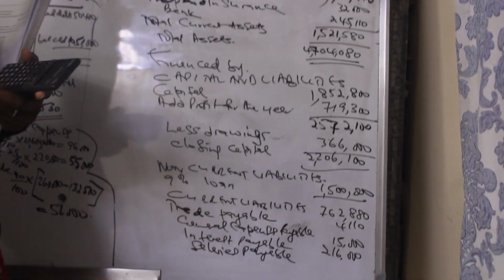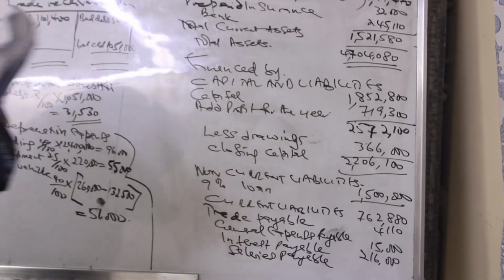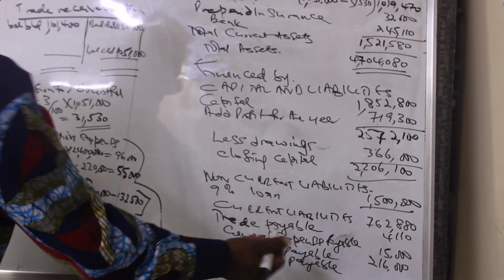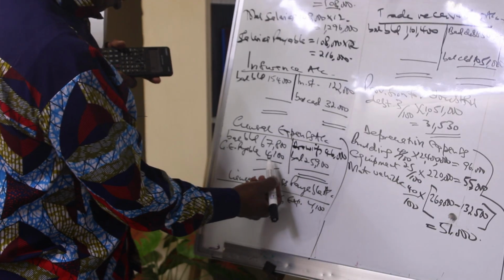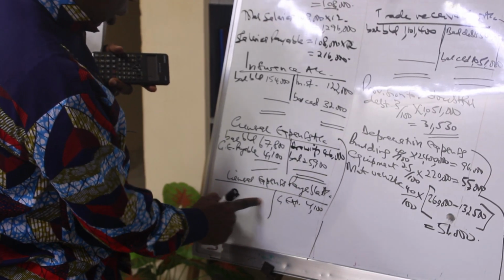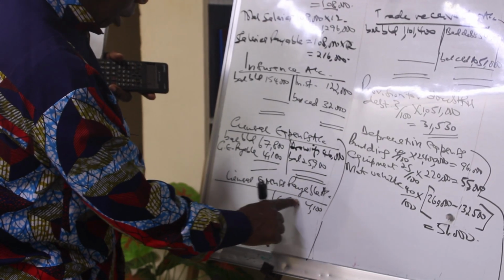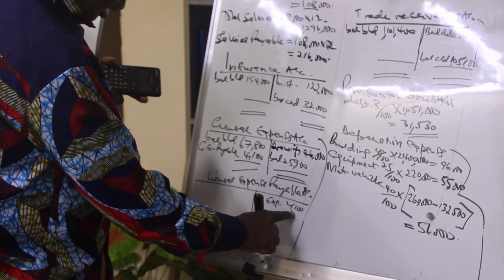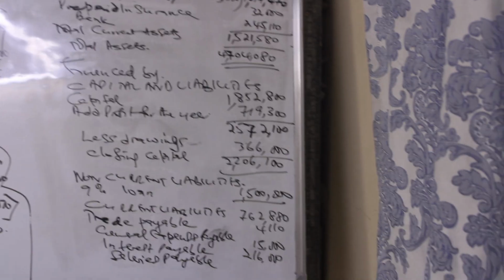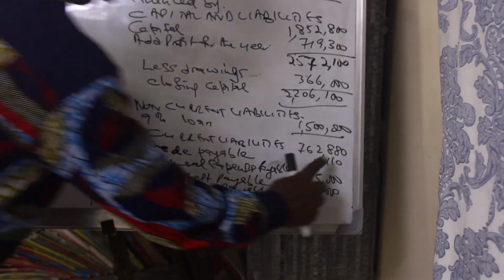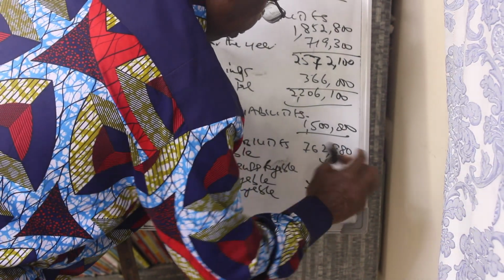Now, our general expenses payable, like you can see here, is 4,100. It is not 4,110 like we have captured there. So we correct it to 4,100.